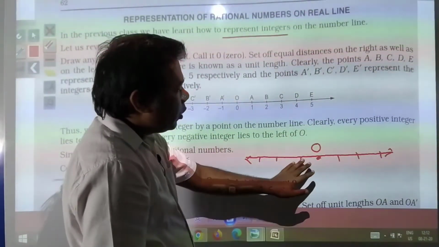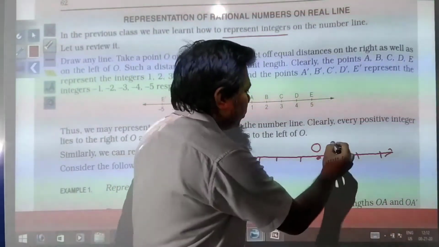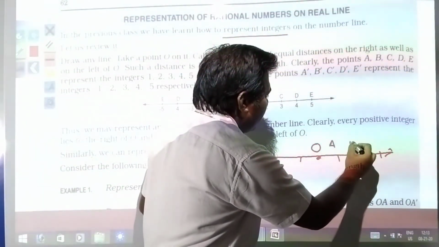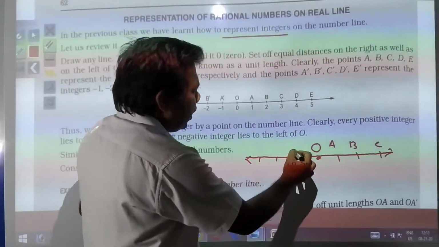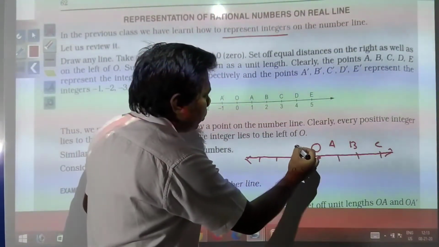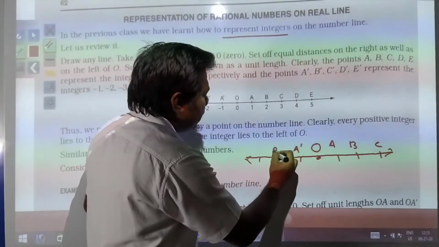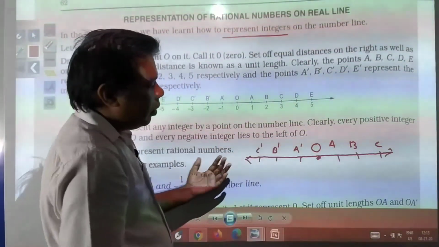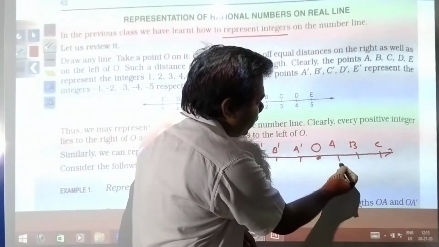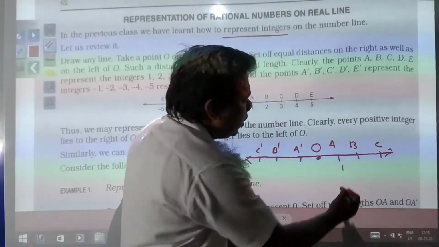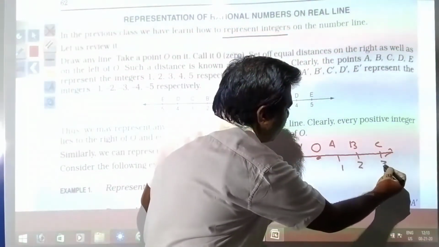Now these points are given names. Suppose you give A, B, C, D, E, F like that, and on this side A dash, B dash, C dash and so on. Now this OA will be one unit that you denote by 1, 2, 3.